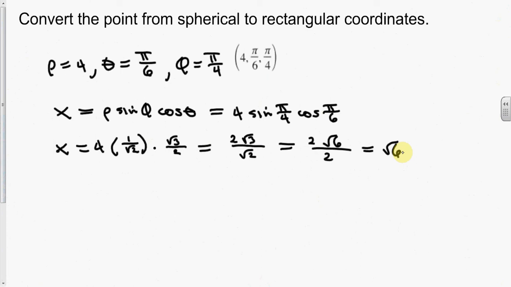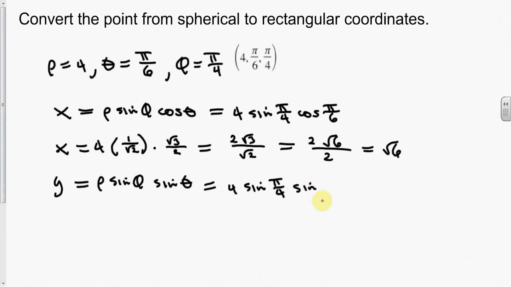That's x. What about y? Y is rho sine phi sine theta. So rho is 4 times sine of pi over 4, and then sine of pi over 6.